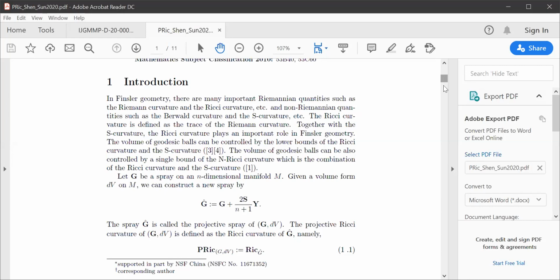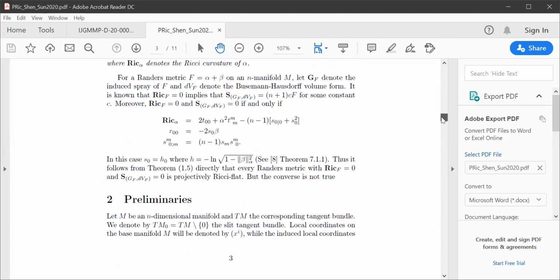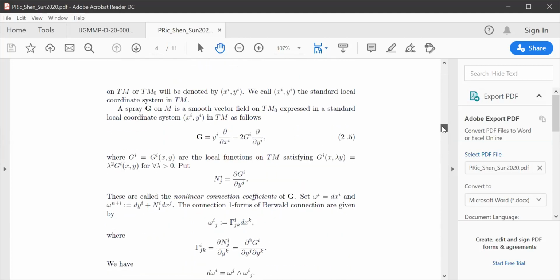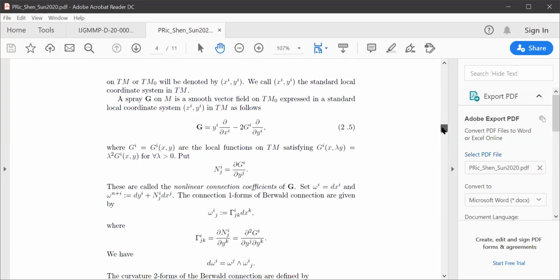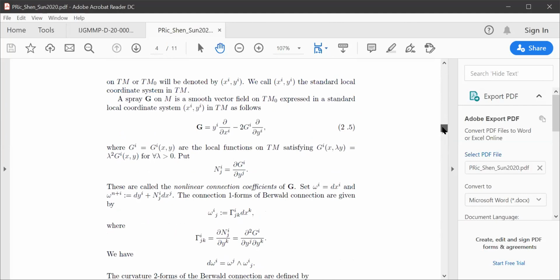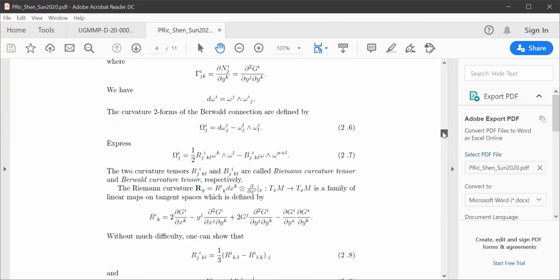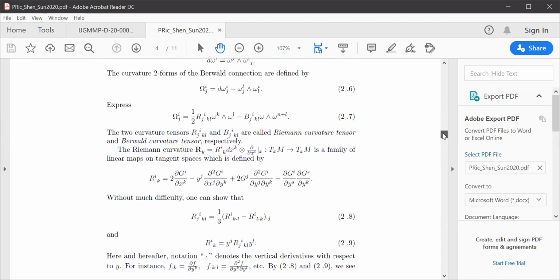Let me go to the introduction area and the primary area so you can learn. Let me go to that page first. So you modify the spray. Every spray has connections and curvatures, and then the relationship.